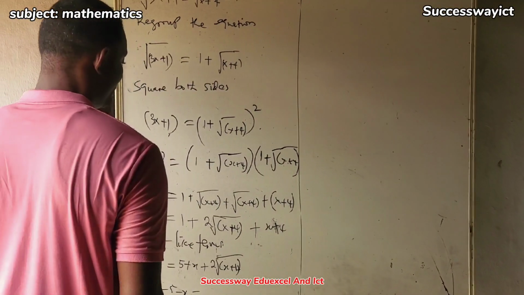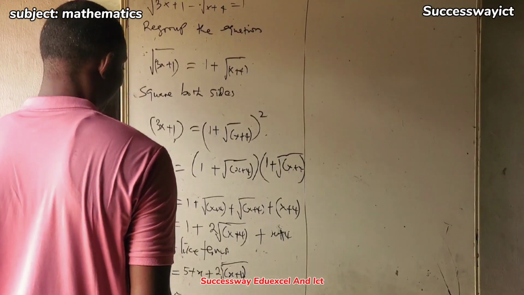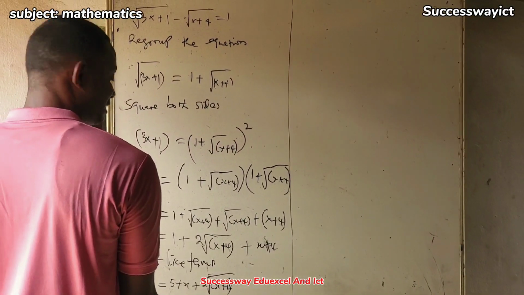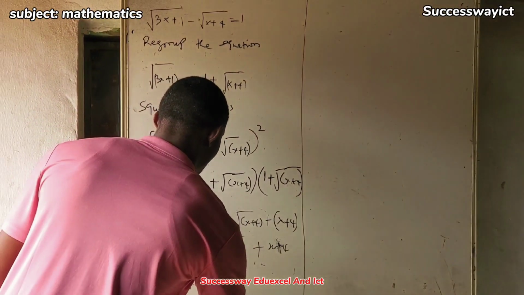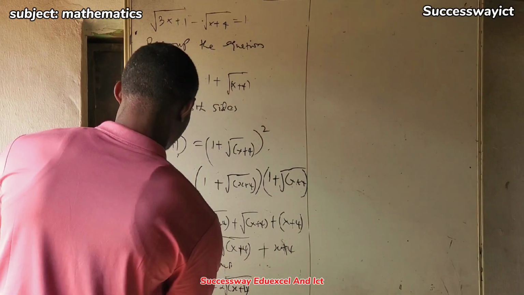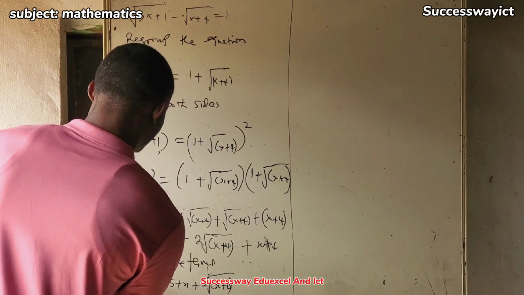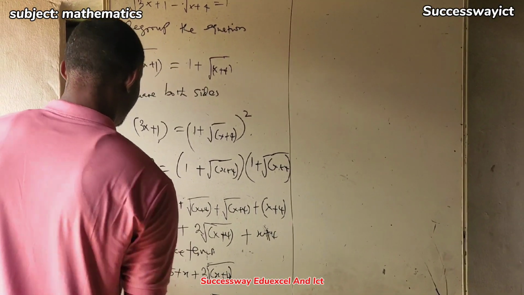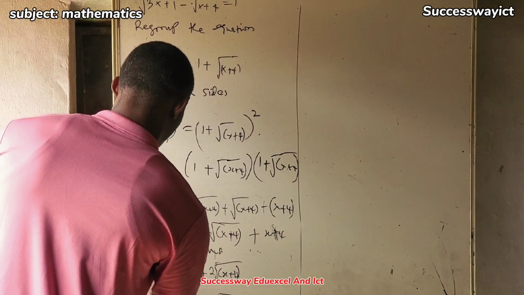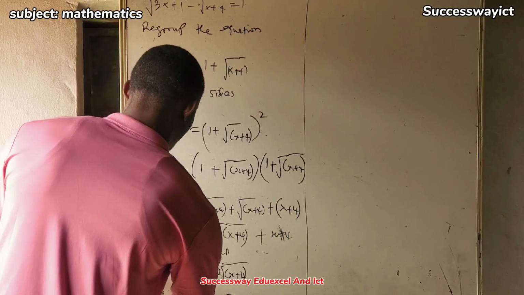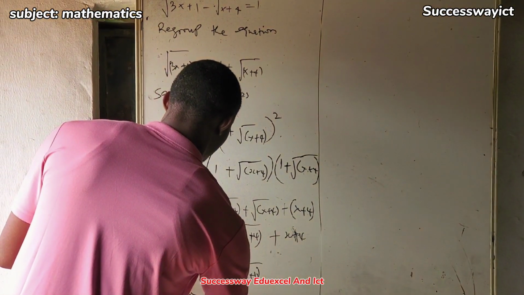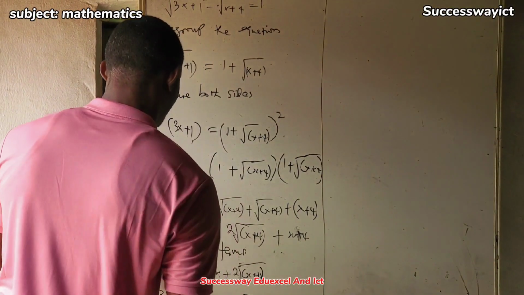3x minus x is what? And 1 minus 4 minus 5 is minus 4. This is equal to 2 root x plus 4.